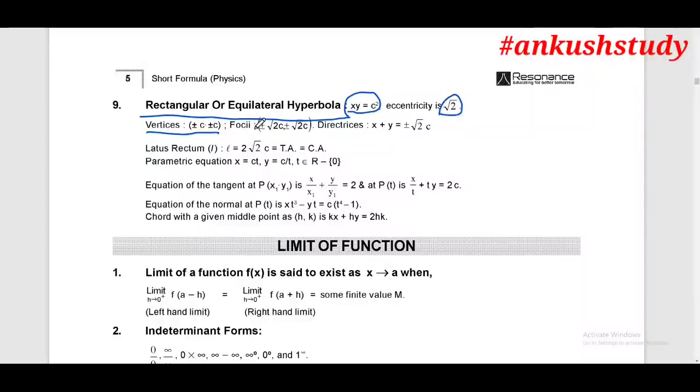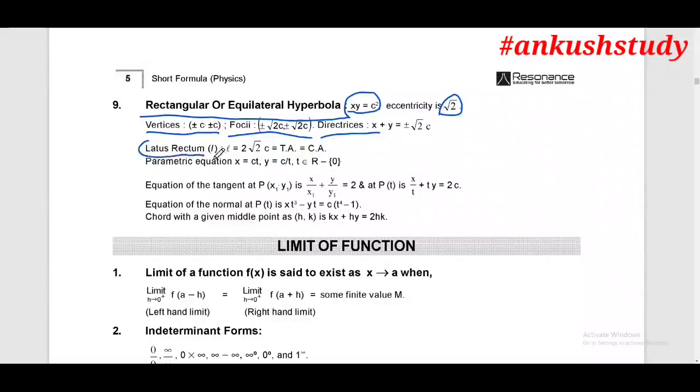Vertices plus minus c comma plus minus c. Foci is plus minus root 2c comma plus minus root 2c, and the directrices is x plus y is equal to plus minus root 2c.